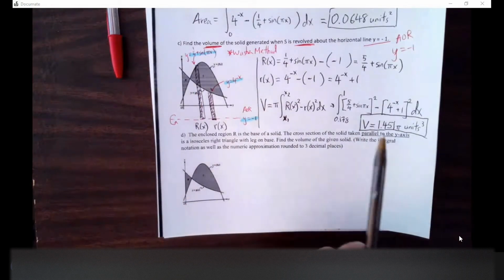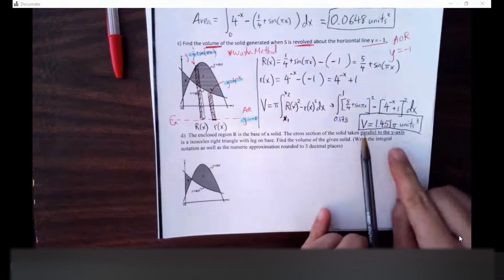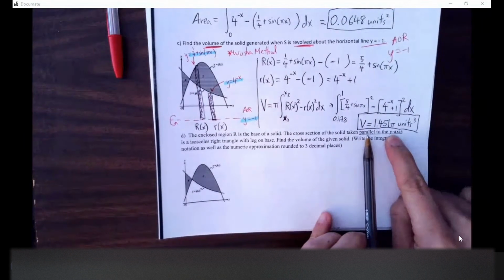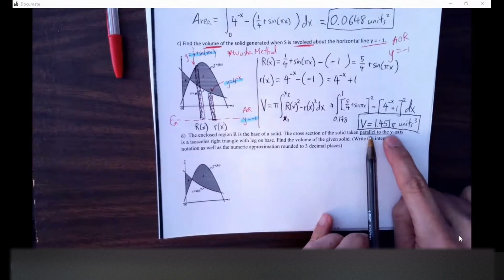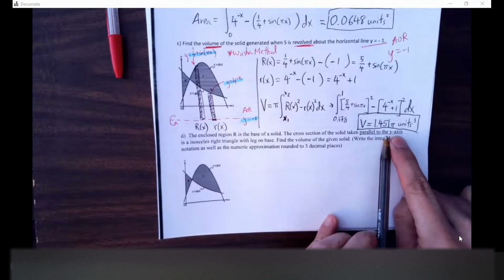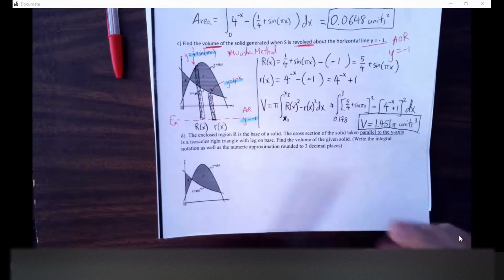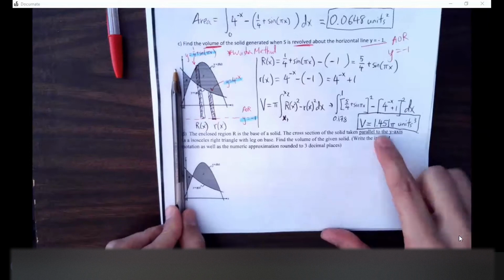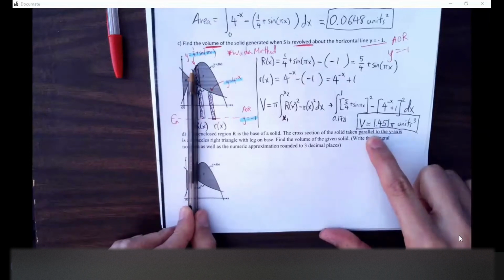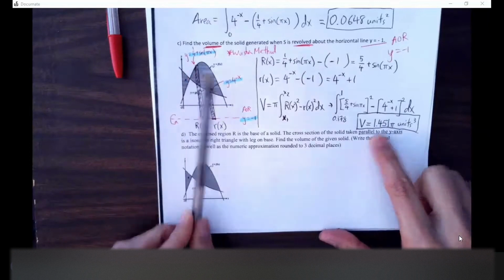We want to pay attention to what is described, because we're given explicit ways to identify that. So parallel to the y-axis. The y-axis is here, vertical. We want parallel to it, so same orientation, also vertical.